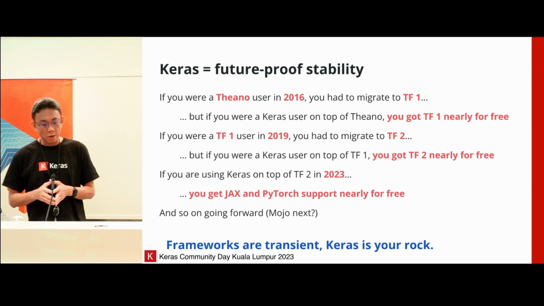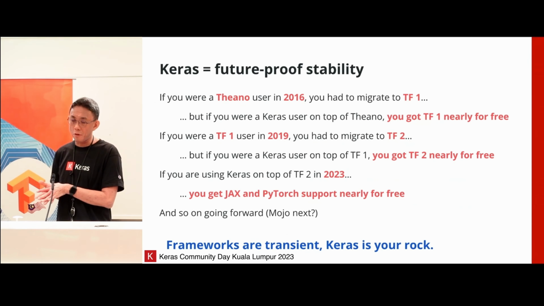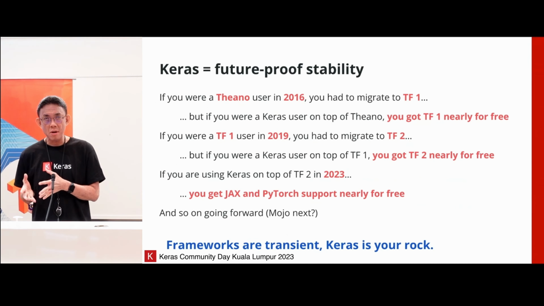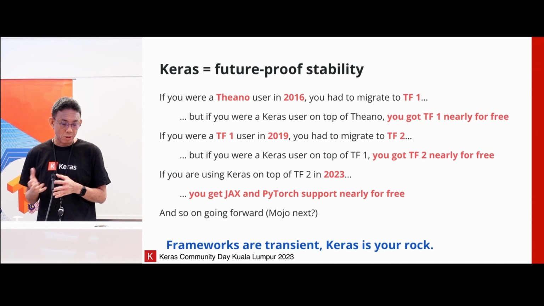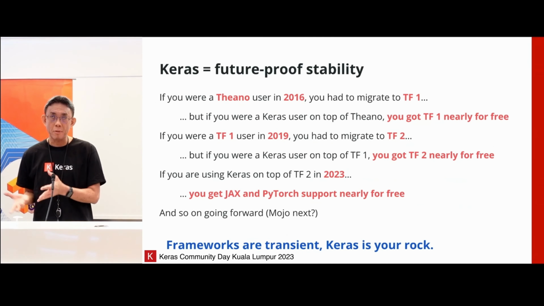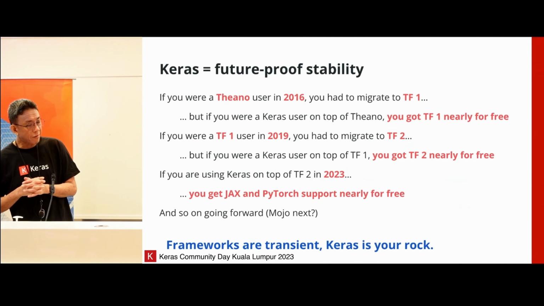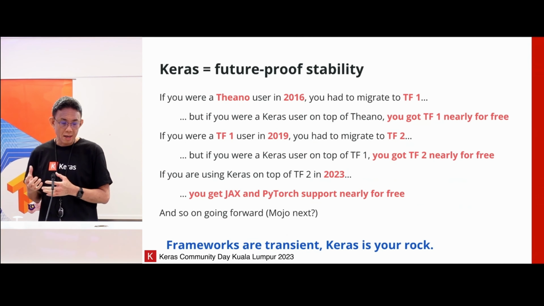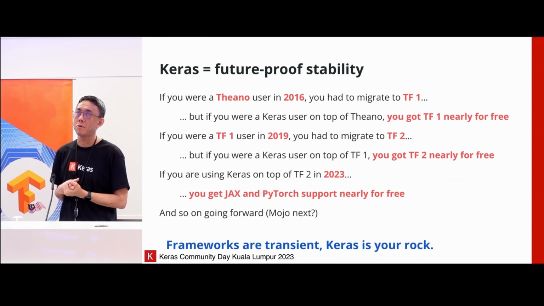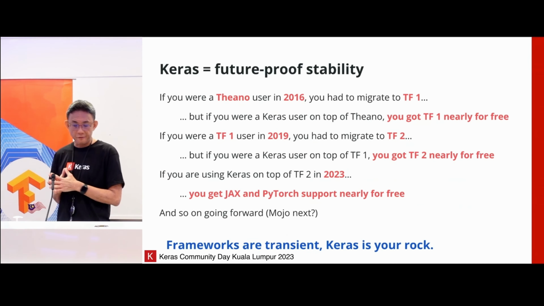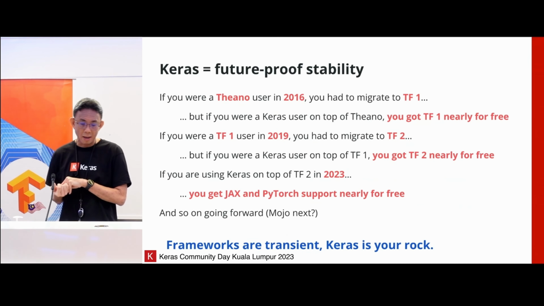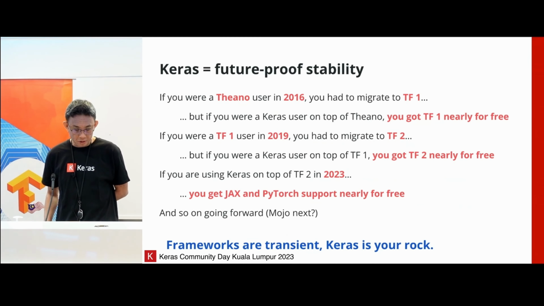And now in 2023, if you have been using TensorFlow version 2, you can use Keras Core and get started with JAX or PyTorch with the same Keras code. Moving forward, if another framework comes along, probably Keras will support it also. As you can see, frameworks are transient, but Keras has been supporting all of this, especially with Keras Core and its multiple backend support.